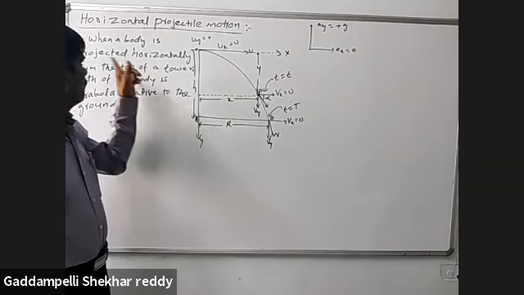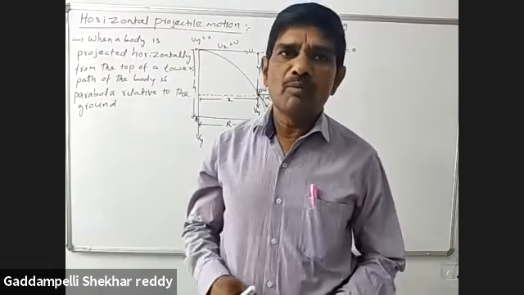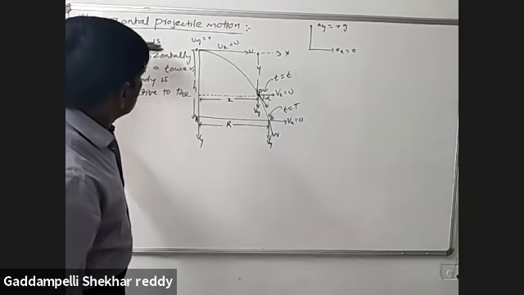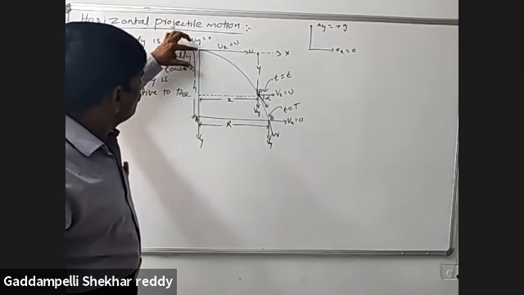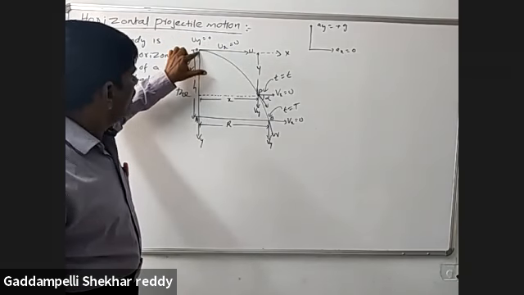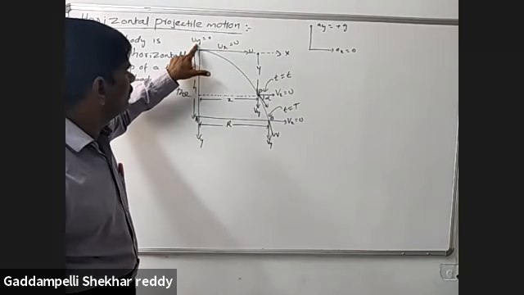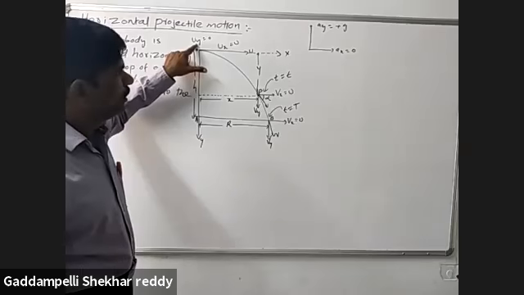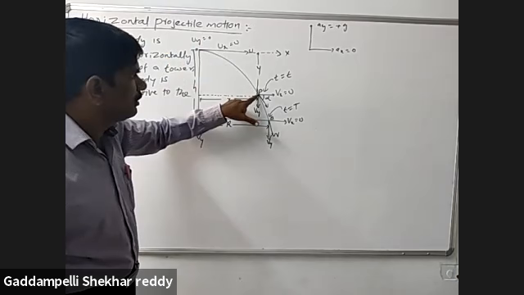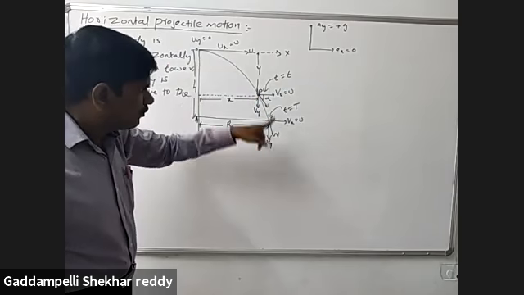So once again, when a body is projected horizontally from the top of a tower of height h, the path of the body is a parabola relative to the ground. At the point of projection, horizontal velocity ux is equal to u and vertical velocity uy is equal to 0. The path the body travels is known as a parabolic path. After a time t, the body reaches the point P and then hits the ground.